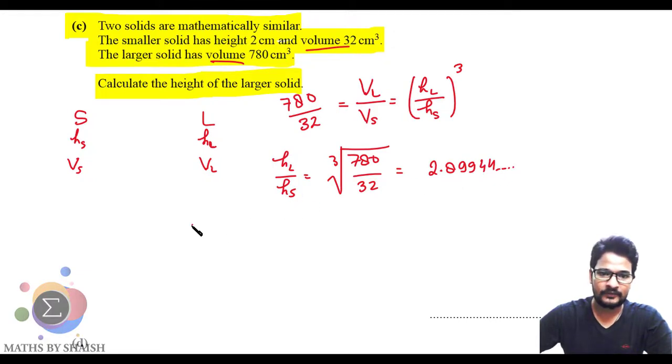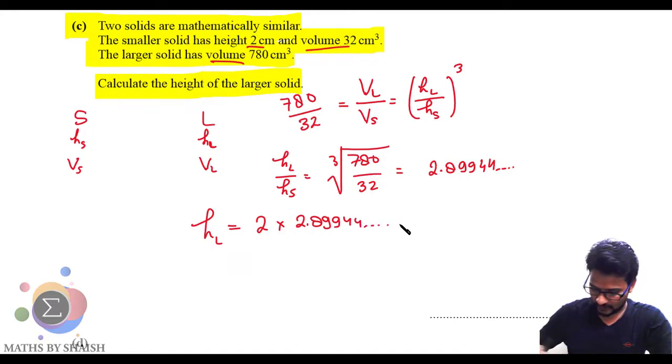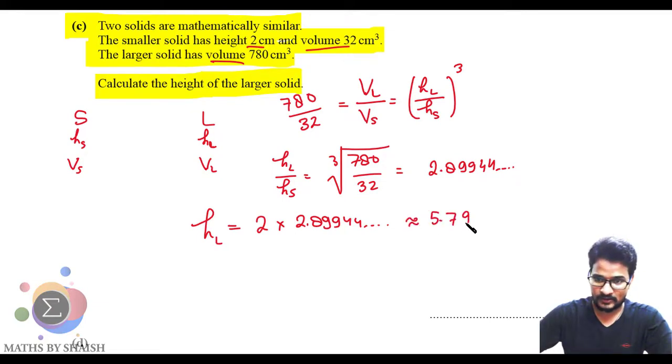We will leave it here, and then we get the height of the larger solid by cross multiplication, and HS is given 2 centimeters, so it is 2 into 2.89944 and so on. When we calculate from the calculator, it is coming approximately 5.798. If we require 3 significant figures, this will increase by 1, so that is going to be 5.8 centimeter only.